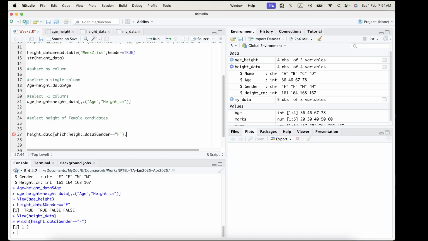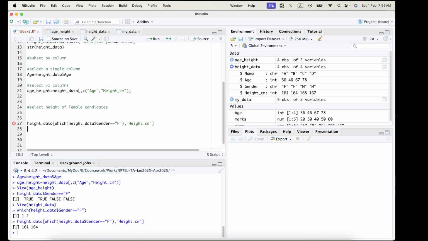I want the heights. So I'm going to specify the column that I want, that would be height cm, and I'll close the bracket.